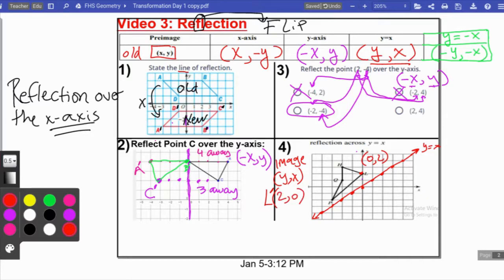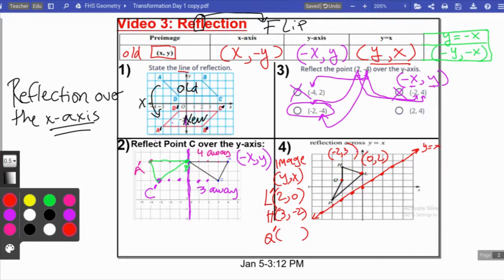You with me? All right. H is located at -2, 3. Therefore, H prime, switch them: 3, -2. Are you with me? Another one, Q. Where is Q located?